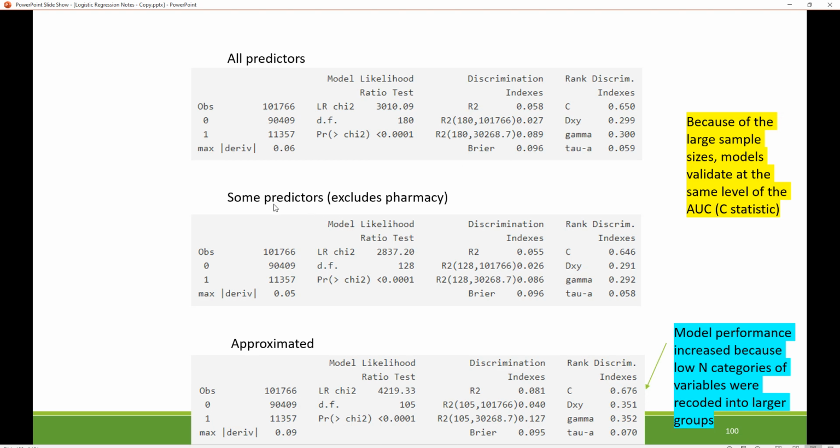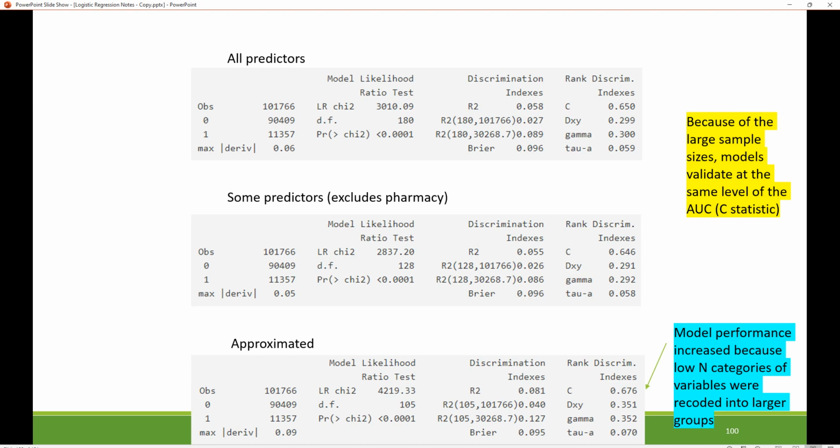The section below that reads as some predictors, and it excludes the pharmacy variables. Again, on the far right of that section, the C statistic, or the area under the curve, is 0.646. So there's not a lot of difference between a model with and without the pharmacy information.